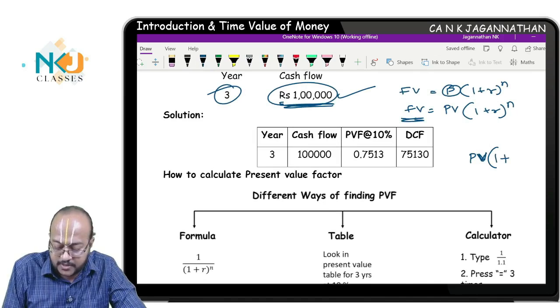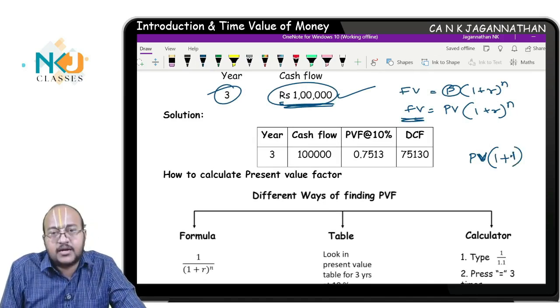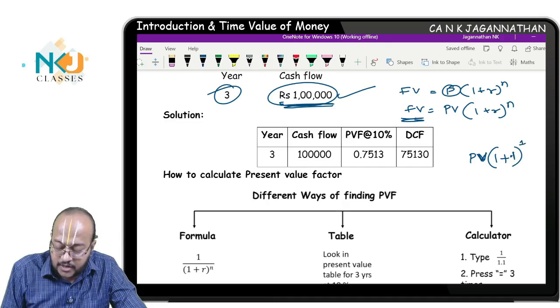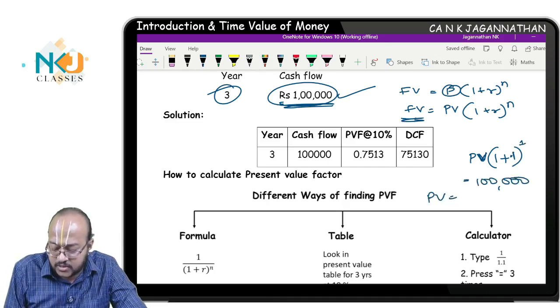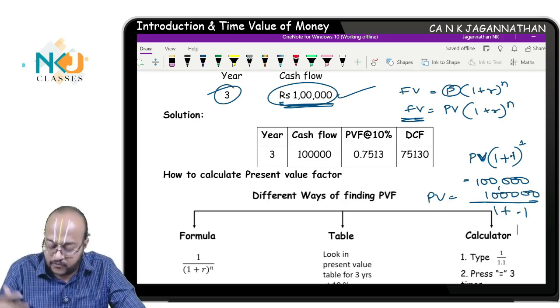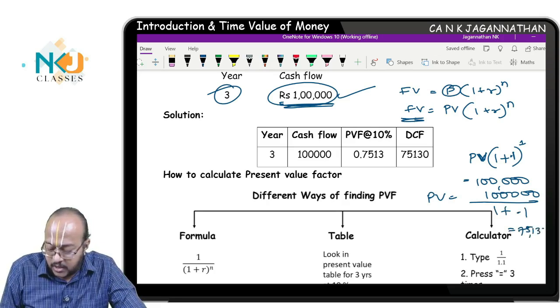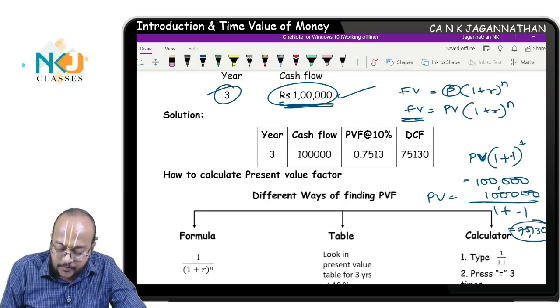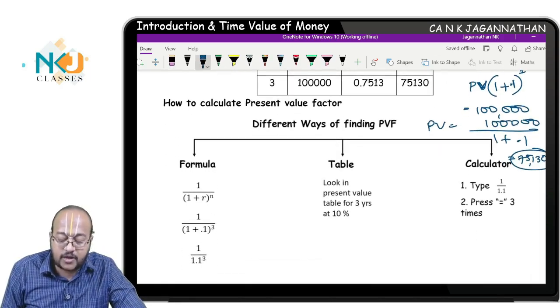Present value into 1 plus r, what is the r here? 10%, I will put it as 0.1, raised to the power n is equal to 1 lakh. So present value is nothing but 1 lakh by 1.1 raised to the power 3, which is equal to 75,130. Or you can just multiply this 1 lakh into the present value factor.